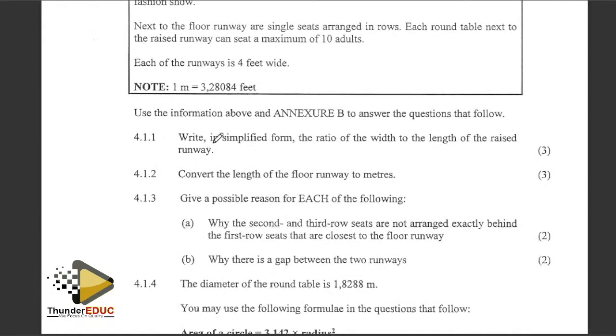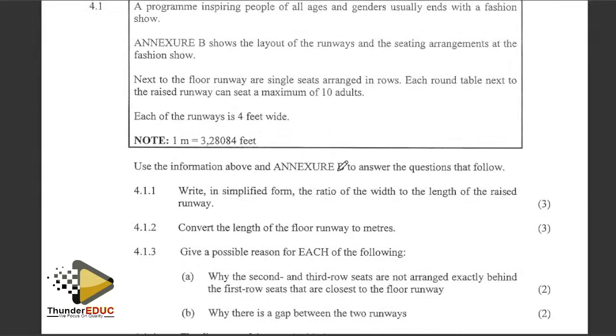Here we go. They want us to do what? Write in simplified form the ratio of the width to the length of the raised runway. Now, they have told you each of the runway is 4 feet wide. So we are looking for the ratio of the width to length. We shall use the annexure.